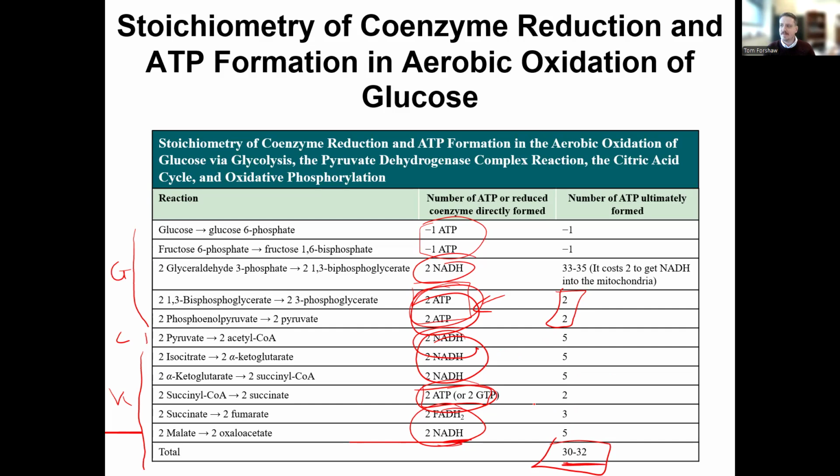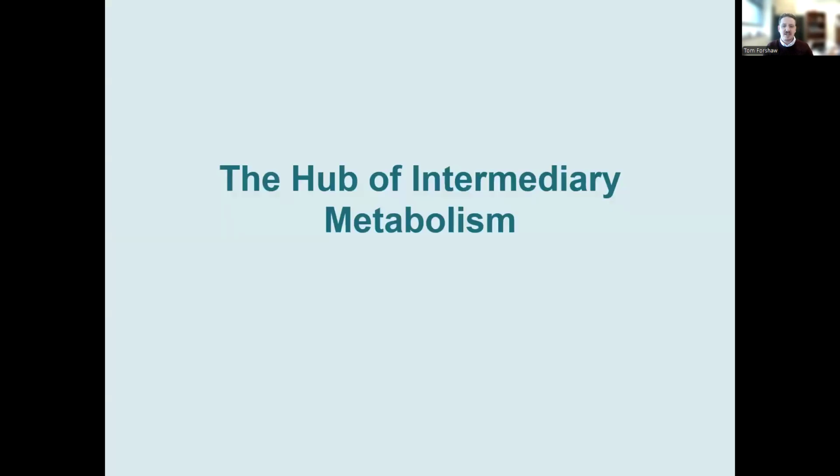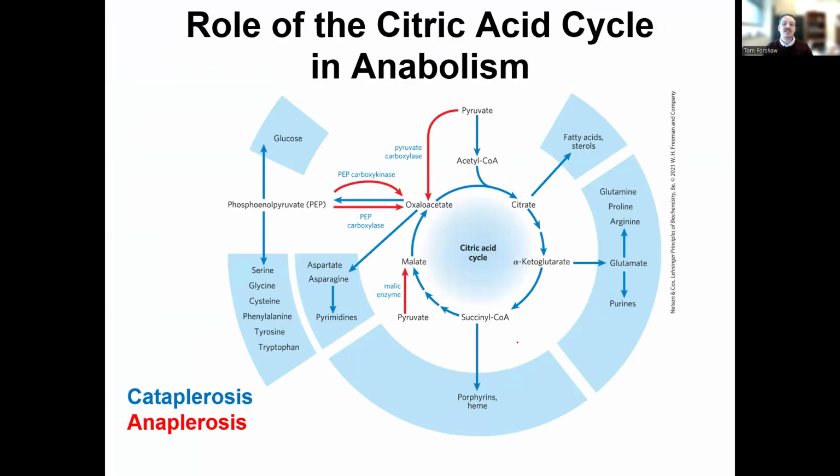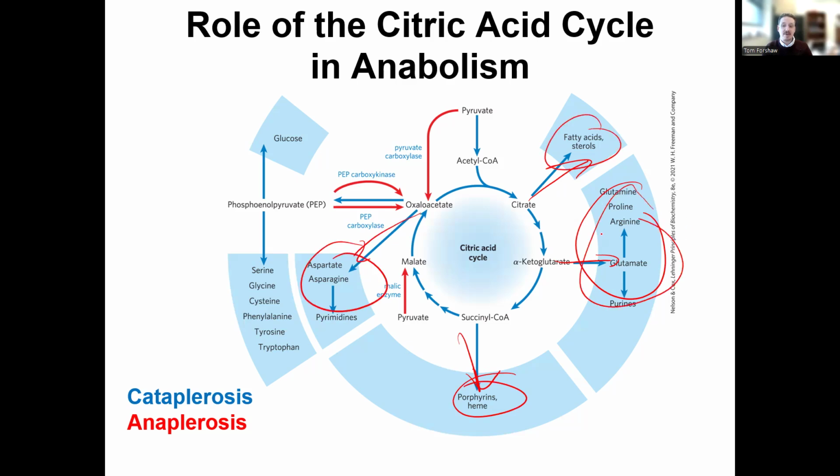I've already mentioned this hub of intermediary metabolism, and that's just saying that in the TCA cycle, some things can come out as cataplerotic reactions, generating various organic molecules that we need: fatty acids, amino acids, purines, which can be used for DNA, porphyrins and heme, which is used in hemoglobin and things, pyrimidines, which are, again, for nucleic acids.